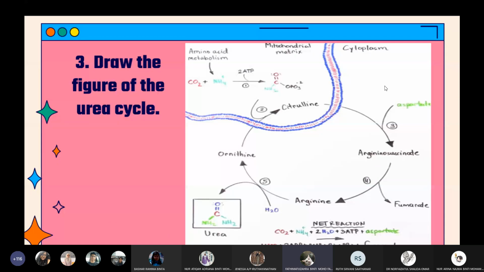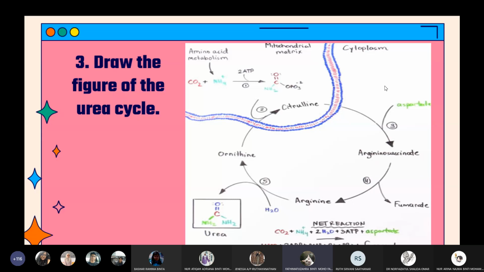Thank you. If you can see in this diagram, the first step occurs in the mitochondrial matrix. The combination of carbon dioxide and ammonium ions produces carbamoyl phosphate. This reaction requires 2 ATP molecules and the enzyme carbamoyl phosphate synthetase 1.